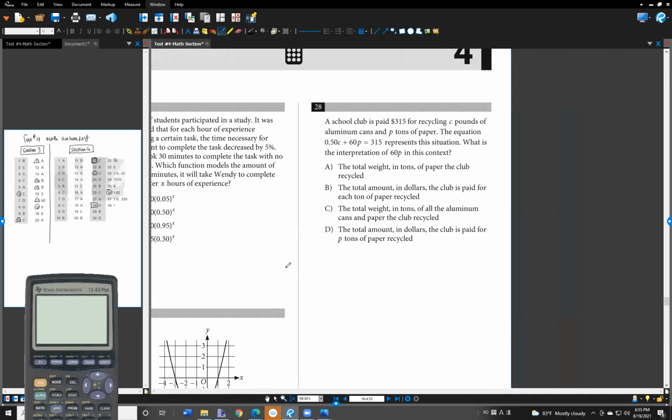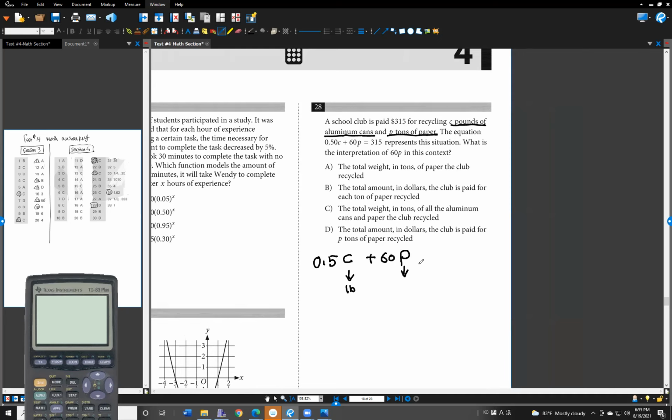A school club is paid $315 for recycling C pounds of aluminum cans and P tons of paper. Okay, this is the number of paper. The equation over here: 0.5C, right? C is what? Pounds of aluminum, plus 60P.